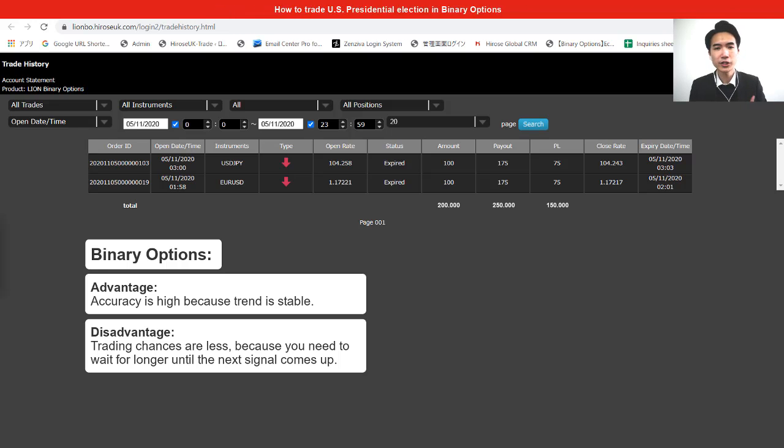because the trend is stable and strong, in order to trade binary options we place the trade when the signal comes out. Once the signal comes out, we place that trade, and the trend direction continues. Since that continuation is going to be really long, you need to wait a long period until the next signal comes out, which is time consuming.